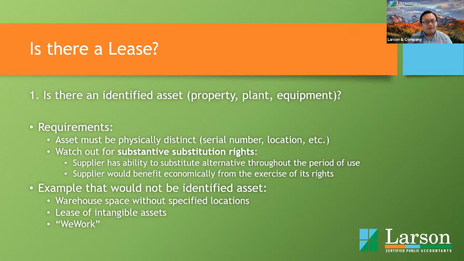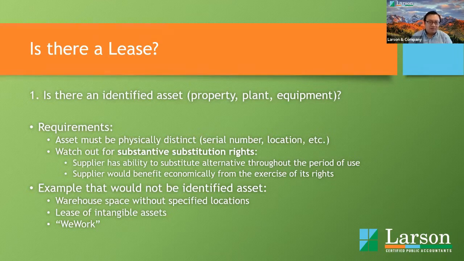And then the second thing, also the supplier, which is the lessor, would benefit economically from the exercise of its rights, meaning that if they can substitute those rights for a cheaper location, for example, and it's not specifically identified, those would also qualify as a reason to not be a lease here as well.